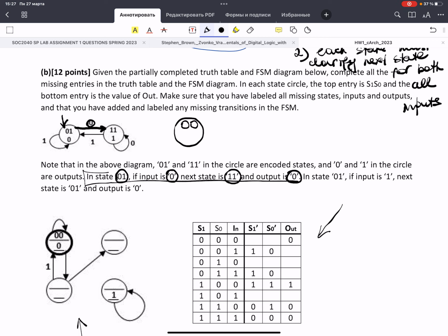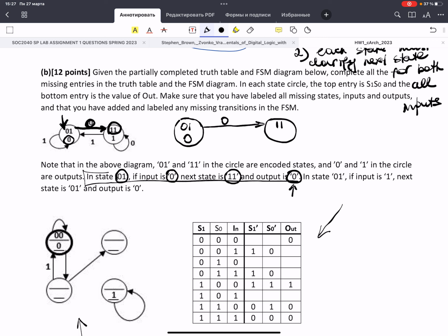So what does it mean? Let's imagine that this is 0, 1, and input is 0, and that means next state is 1, 1. And it also says that the output is 0, so output is written below the state. For example, here, this is the current state, this is the next state, this is the input 0, and this is the output.